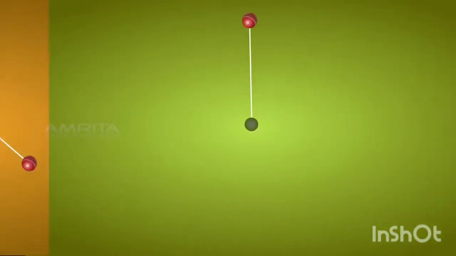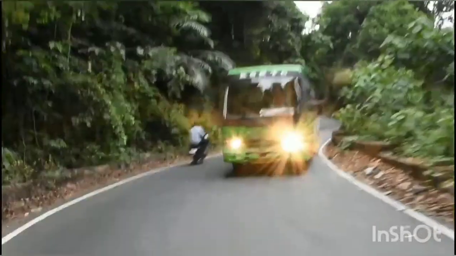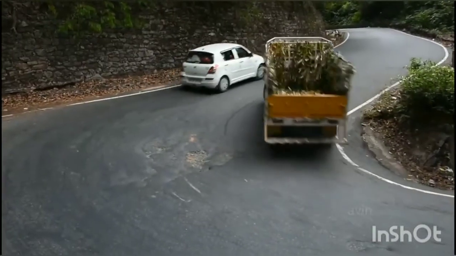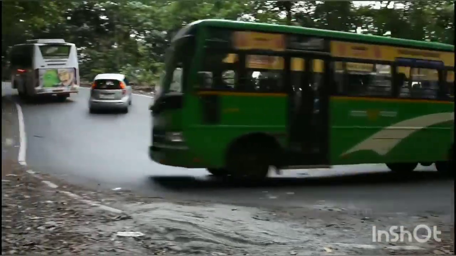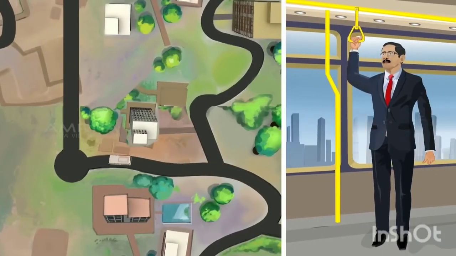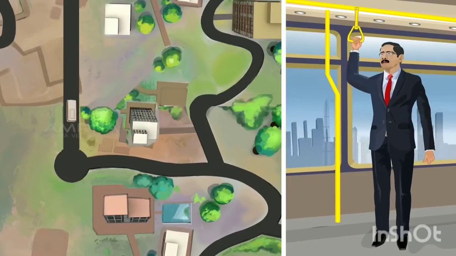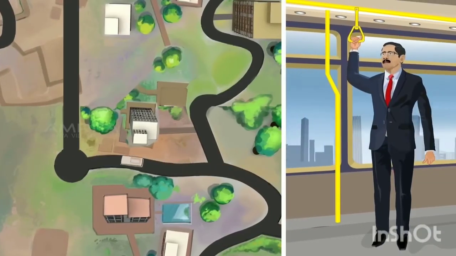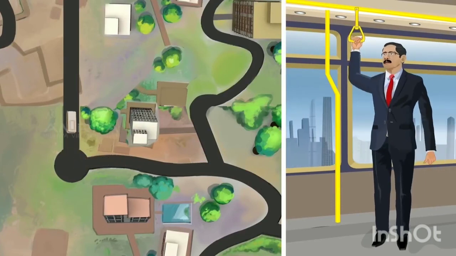For example, if a vehicle in motion along a straight line suddenly turns, the passengers sitting in it fall sideways, because the portion of our body in firm contact with the seat acquires the motion along the curved path, but the upper portion of our body tends to move in the initial direction of motion, hence we fall sideways.